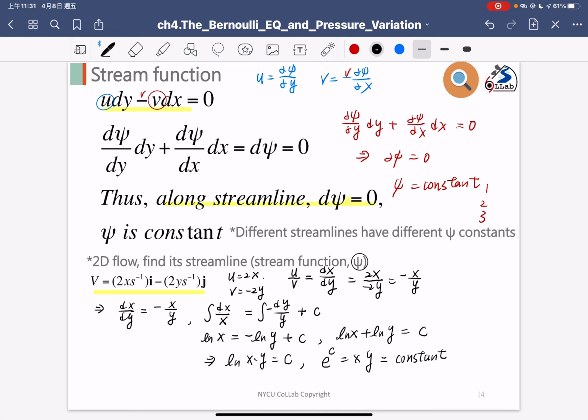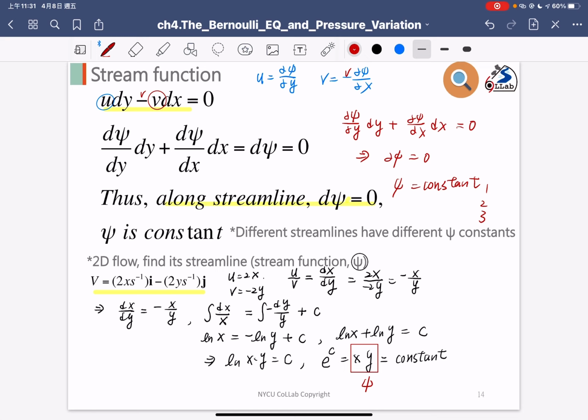Okay? So in here, the xy is our stream function. And the stream function is always equal to constant values. But we don't know how large the constant value is, because we will have several streamlines in our velocity field.